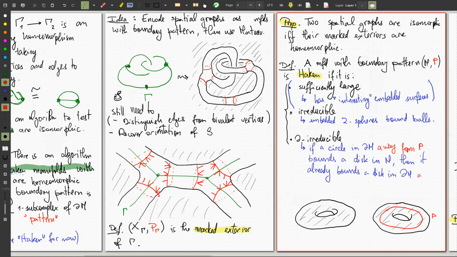It doesn't touch the boundary pattern. So a disk in the boundary away from P. This property maybe takes a little more time to parse.